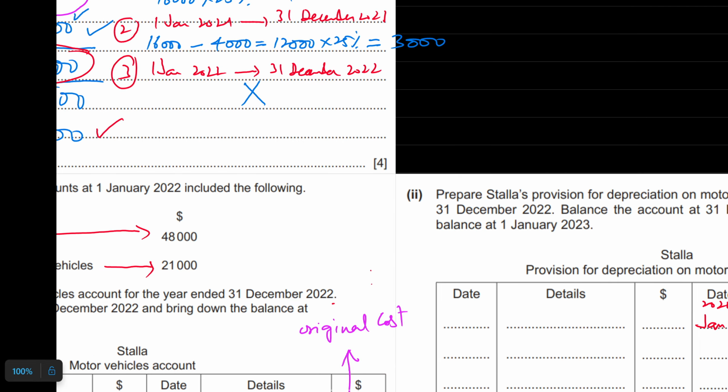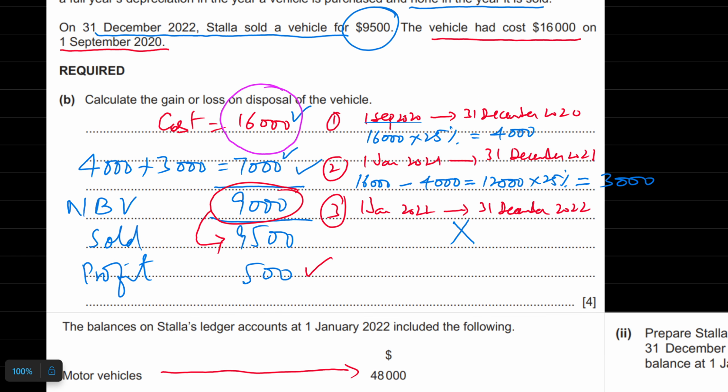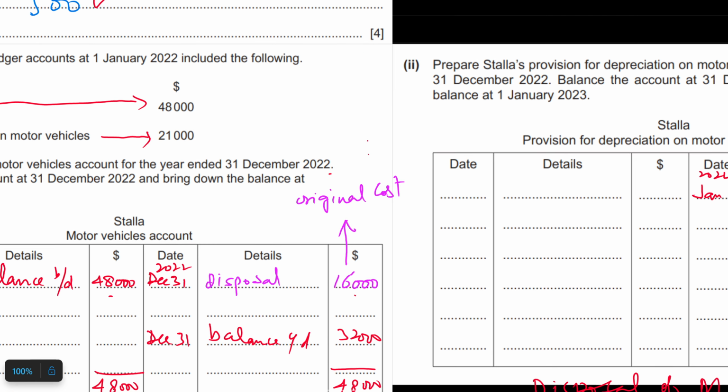Now students, we calculated total depreciation of the asset sold, and that was 7,000. 4,000 plus 3,000.